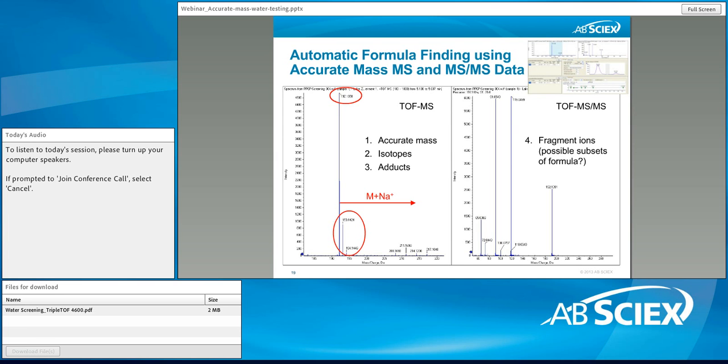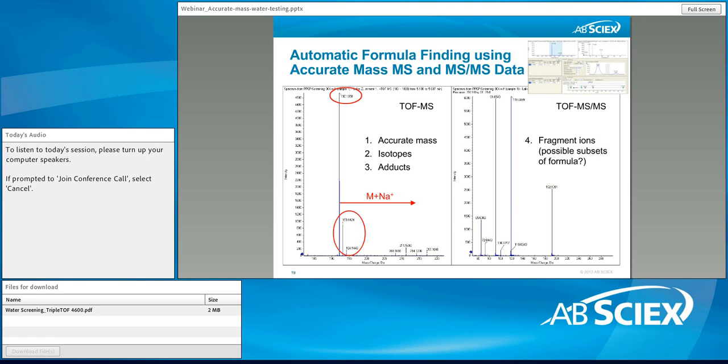The software also looks left and right of the molecular ion for the presence of different adducts. So for instance here, there was an M+ ammonium ion, M+ sodium ion also present. So that tells us that this ion here on the very top must be the M+H ion, for instance, of our molecular formula. And then the software takes all predicted molecular formulas and chops them into theoretical pieces and double checks if these theoretical pieces are present in our MS-MS spectrum.